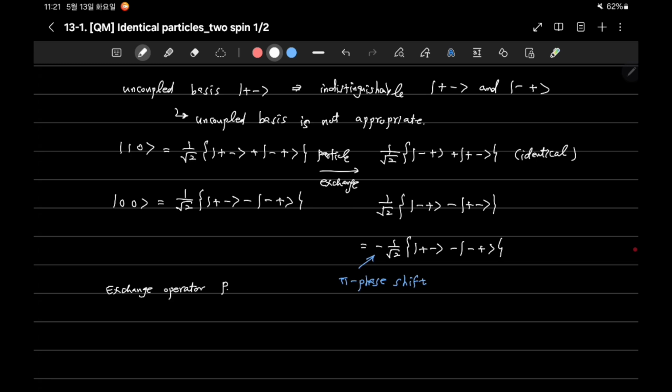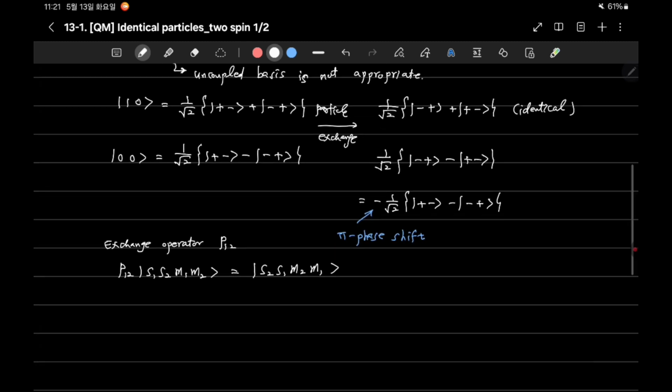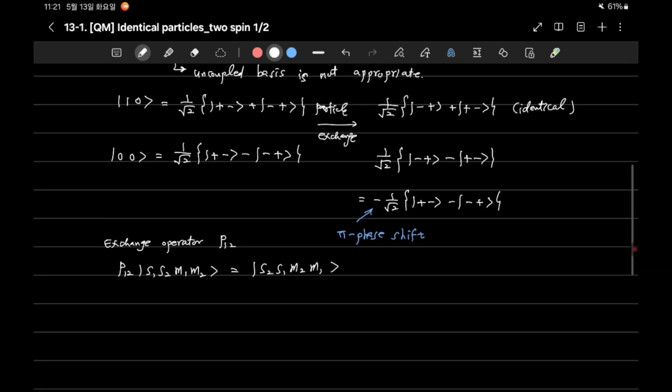The exchange operator P12. When you apply P12 to a quantum state S1, S2, M1, M2, the two particles exchange with each other, giving S2, S1, M2, M1. So let's think about the coupled basis.